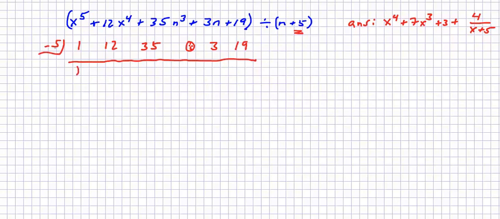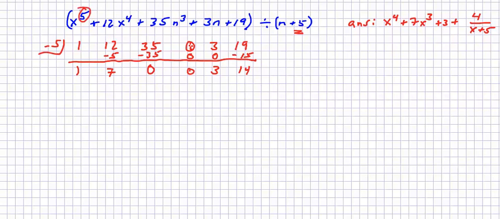Drop the 1. Negative 5 times 1, negative 5. Add 7, negative 35, 0, 0. Add 0, 0. 3 plus 0 is 3, negative 15, and 4.